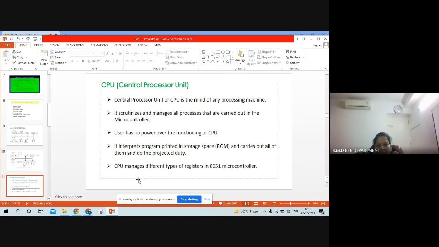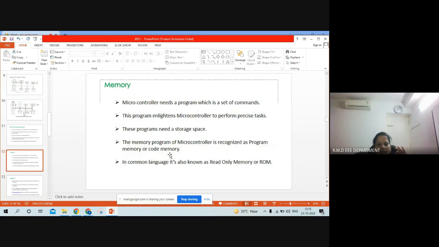Its main function is to manage the different types of registers present in the 8051 controller. Regarding the memory, it is organized into program memory, or code memory, and data memory. The storage for the program memory is known as read-only memory, or ROM, and these programs need a separate storage space.